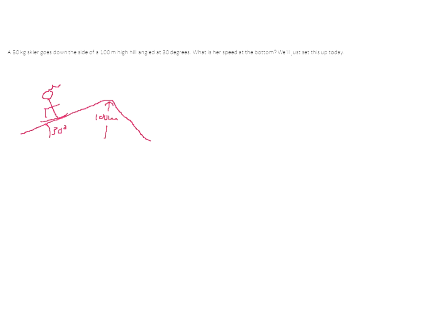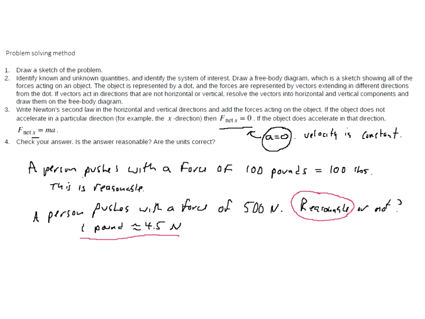And the hill is 100 meters high. So if we're going to look at this problem here, we need to follow the problem-solving steps. And she has a mass of 50 kilograms.